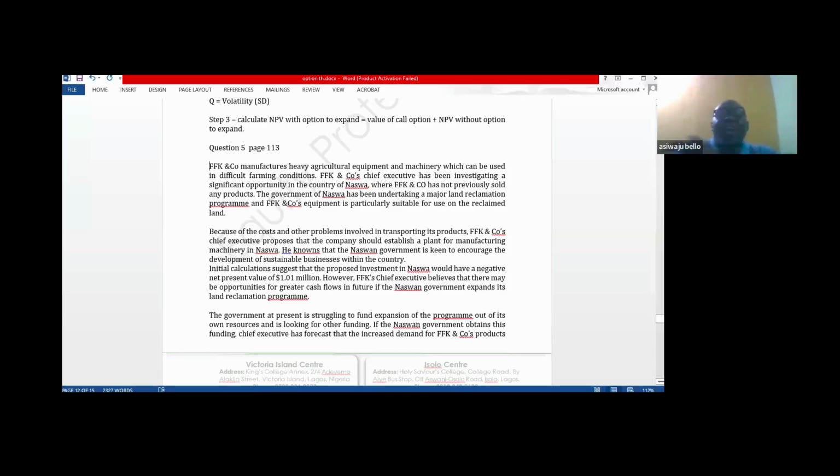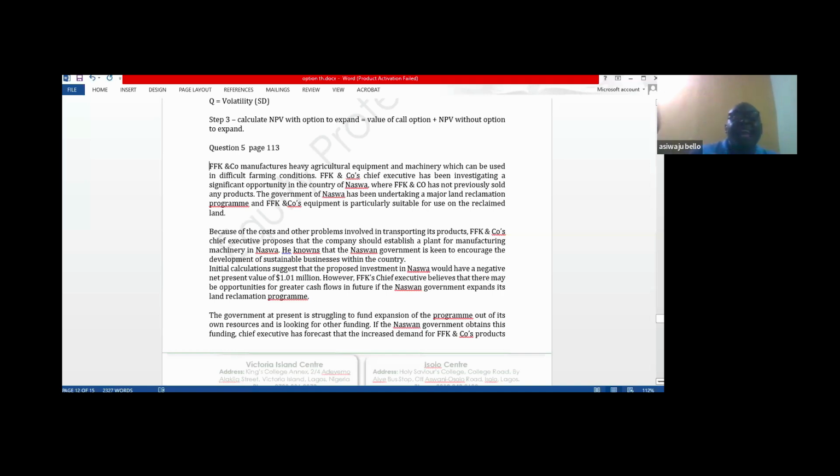That means the initial investment is not financially profitable. However, FFK's chief executive believes that there may be opportunities for greater cash flow in the future if the Naswan government expands its land reclamation program. Look at this. There's opportunity to expand.